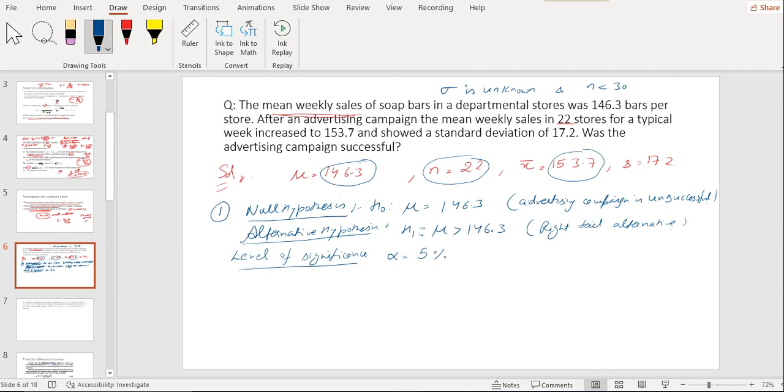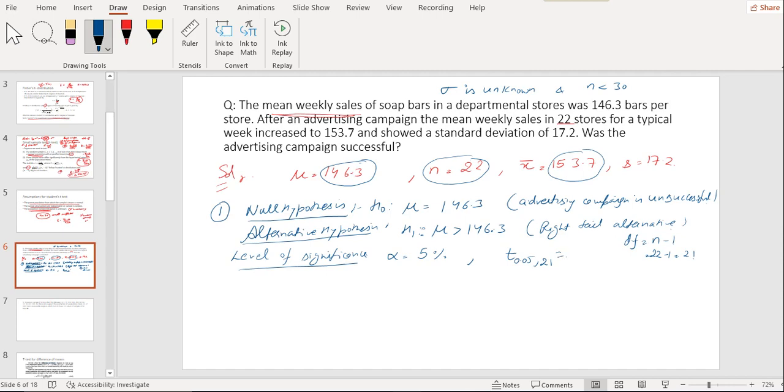So we have to use the t distribution at the given level of significance and the degree of freedom. What is the degree of freedom? The degree of freedom is n minus 1. What is n? n is 22, so 22 minus 1 is 21.